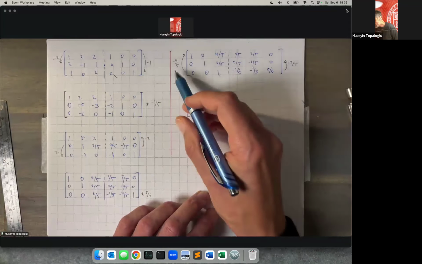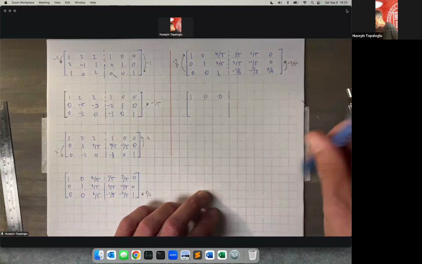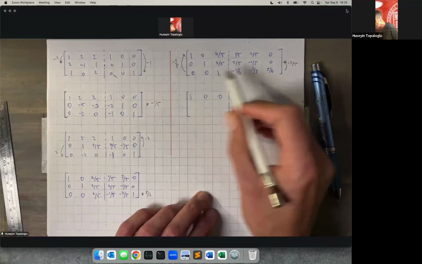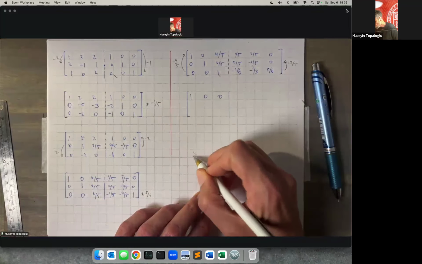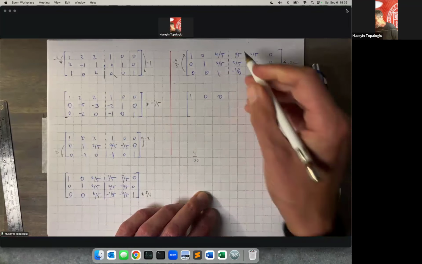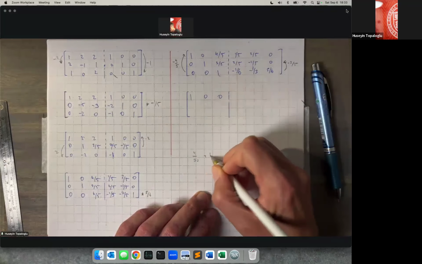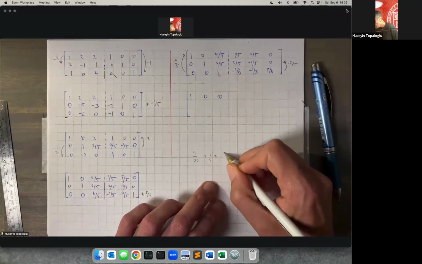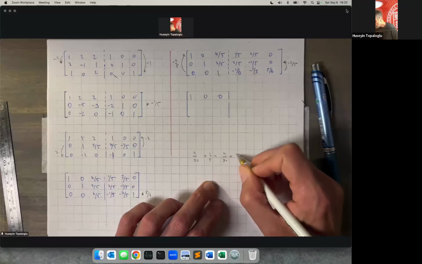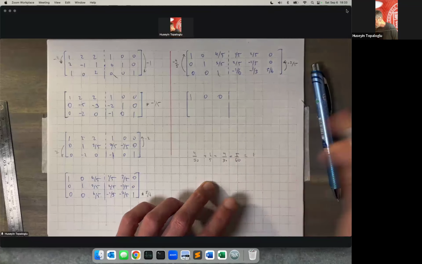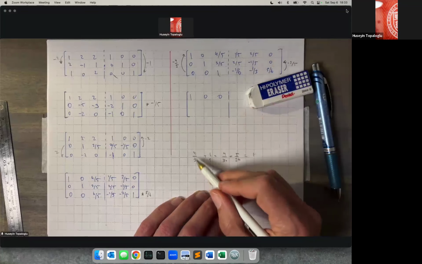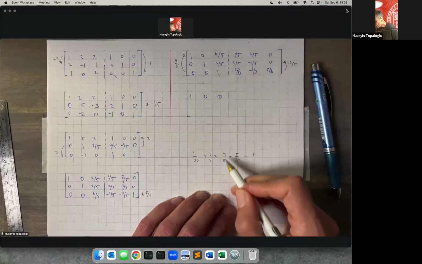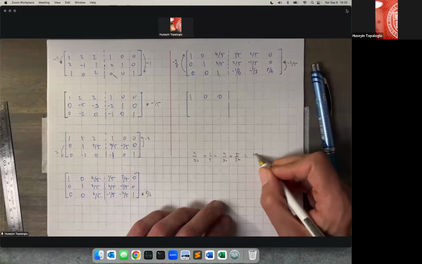Minus 1 over 6 times minus 4 over 5, that is 4 over 30, plus another 1 over 5.